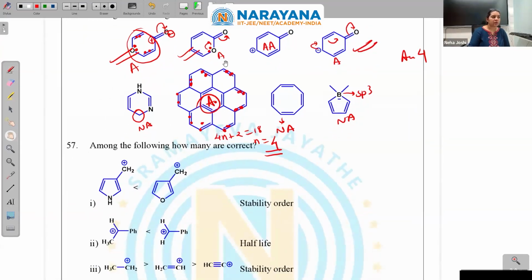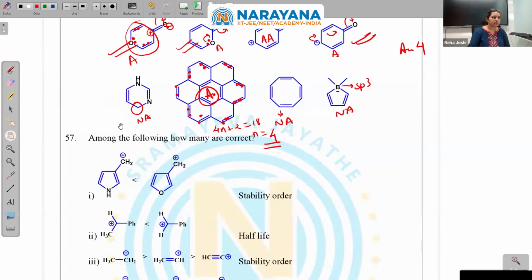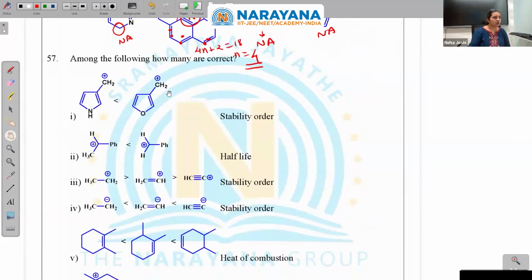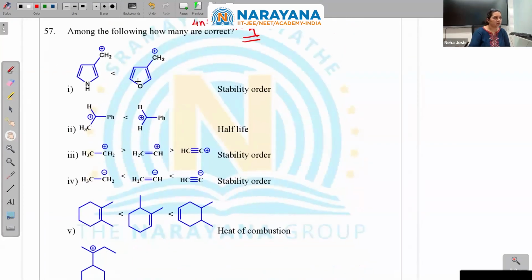Among the following, how many are correct? Stability order: if oxygen is the donor, then stability will be poor as compared to when nitrogen is the donor. So this is not the correct choice. Okay. Half-life is directly proportional to stability.